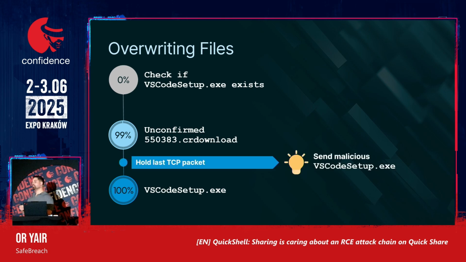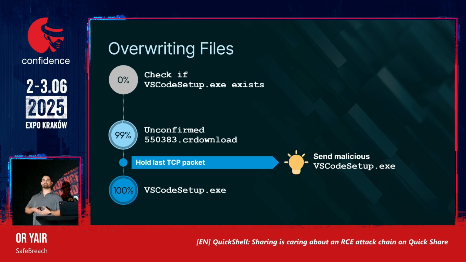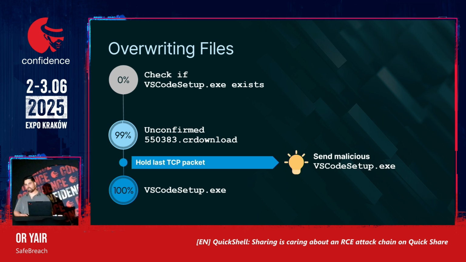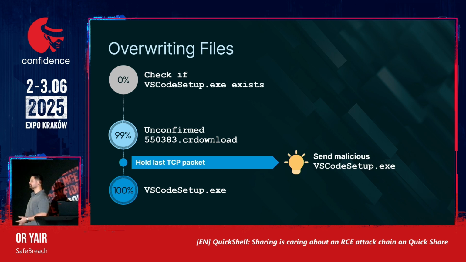But in order to know the name of the file that we need to create, we must wait for the download to be finished because we need to know the approximate size of the download, right? That was the man-in-the-middle technique that we talked about. So how can we know that the download is finished and know the approximate size without the client knowing that the download was finished, renaming the file?